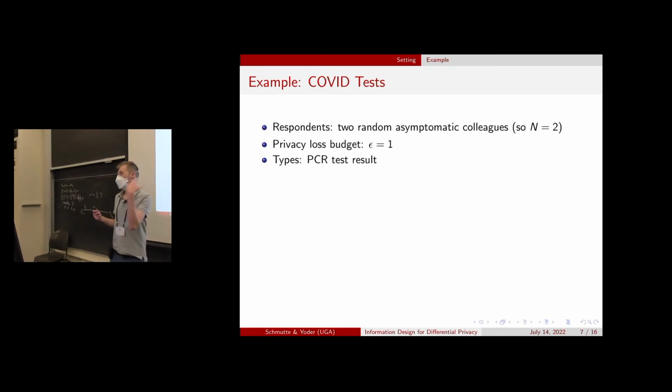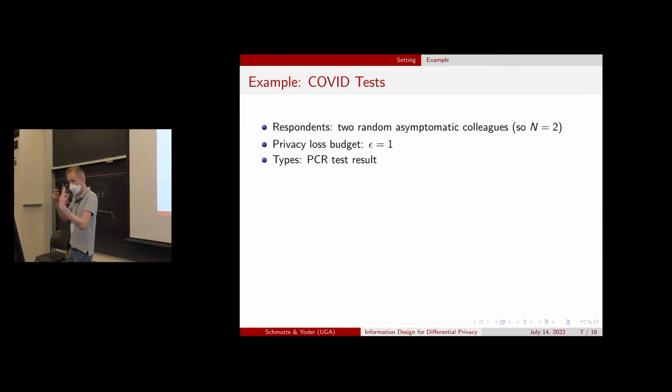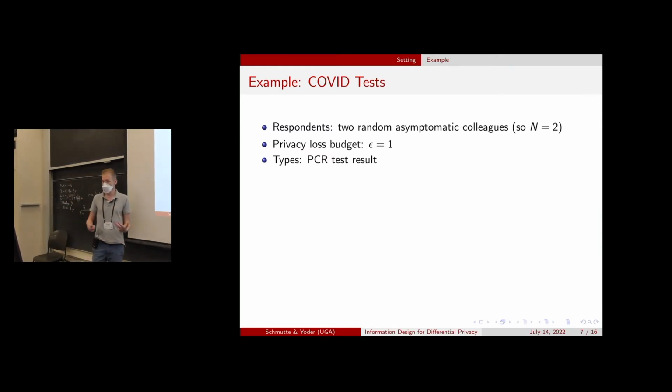And the university wants to disclose information about the positivity rate to other faculty so they can make better decisions about whether to wear an N95 or how much to interact with their colleagues. But they're concerned that by doing so, they could compromise the privacy of the faculty who have been tested. So they've given those faculty a guarantee that anything they publish about their test results is going to be epsilon differentially private with an epsilon of 1.